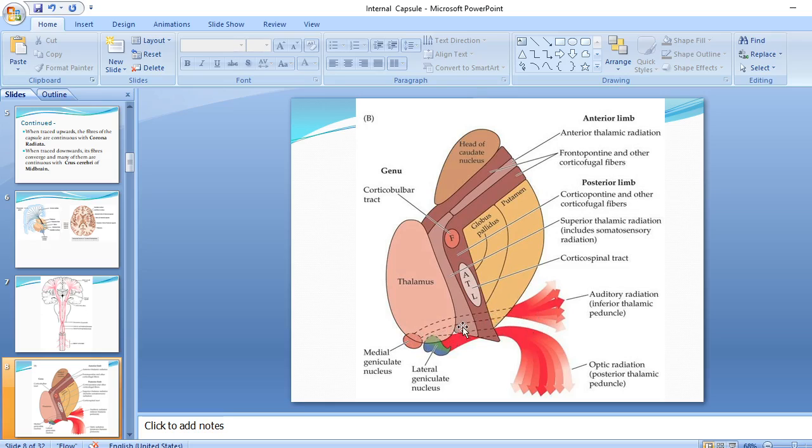So, sublentiform part contains the auditory radiations, that is the fibers concerned with the auditory sensation lying below the lentiform nucleus, and the optic radiation, that is the fibers of the visual pathway, lying behind the lentiform nucleus.